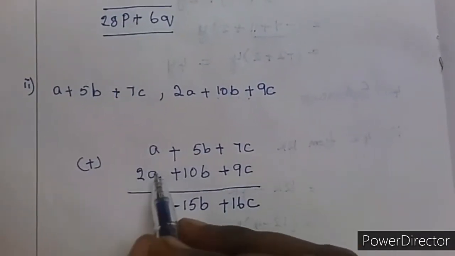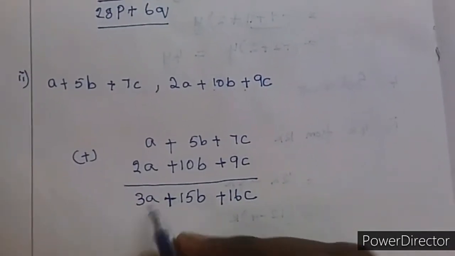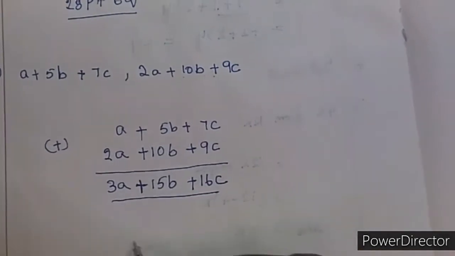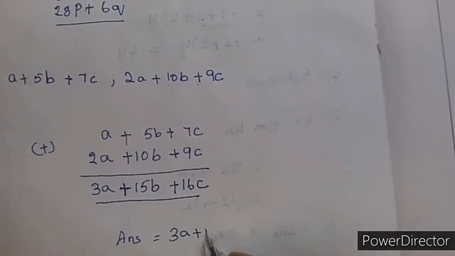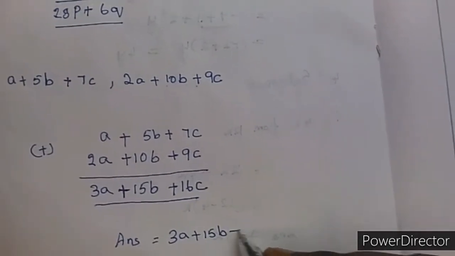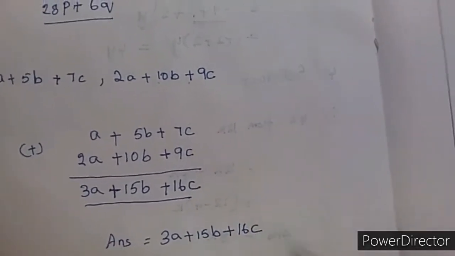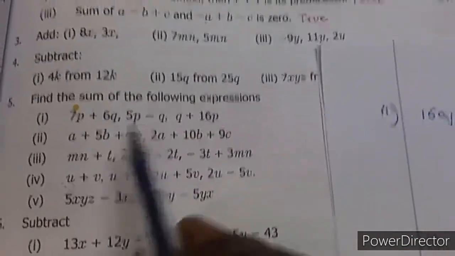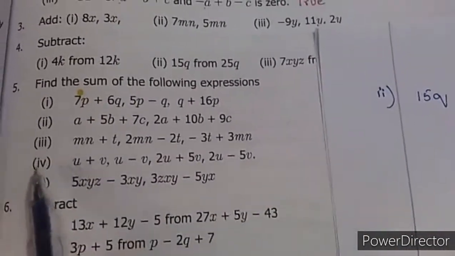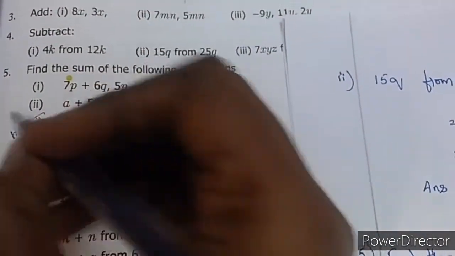Now 1a plus 2a gives you 3a. So your answer is 3a plus 15b plus 16c. Is it clear, students? Try question number 5, subdivisions 3 and 4 in your homework note.